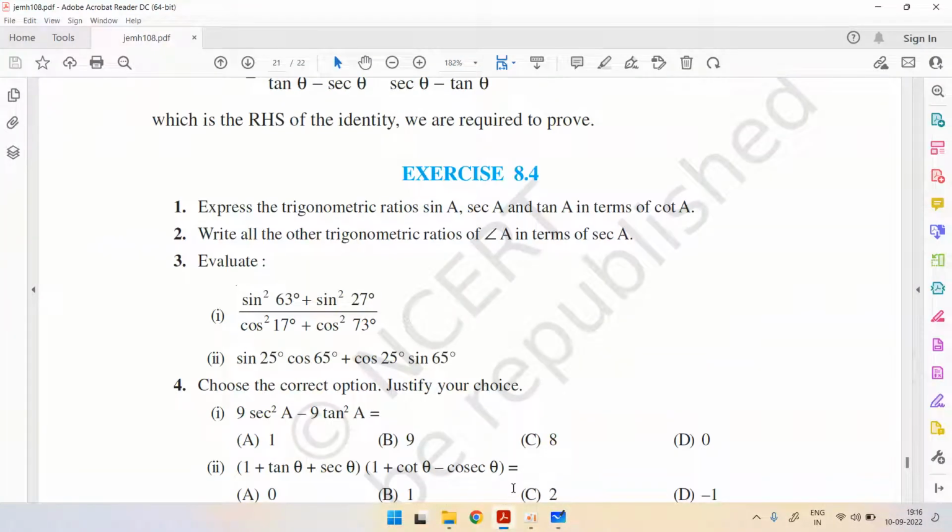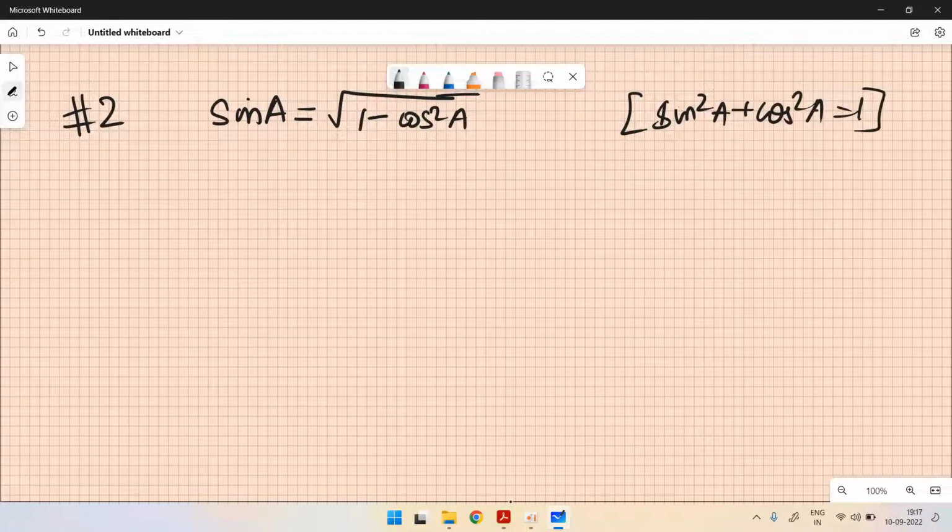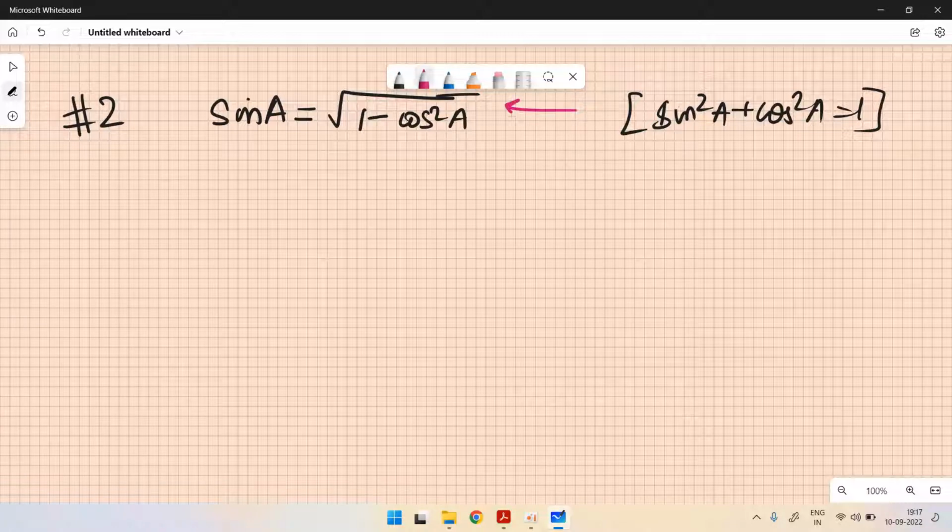Next is exercise question 2: write all trigonometric ratios of angle A in terms of secant A. Now you know that sine A is nothing but under root 1 minus cos square A, as sine square A plus cos square A equals 1.